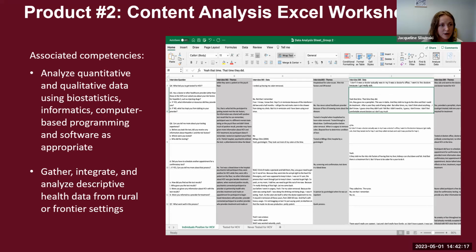Okay, my second product is content analysis Excel worksheets, and they are associated with the two competencies listed there. Data analysis was conducted separately for each target population. So each interview was audio recorded, and then the audio recording was transcribed using Otter AI, which is an automated transcription software.